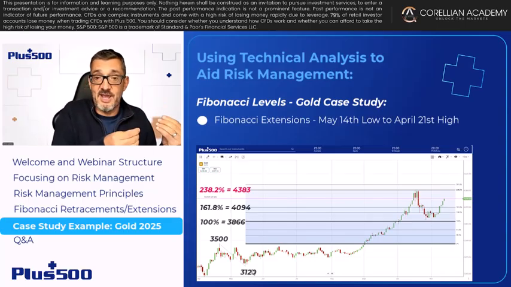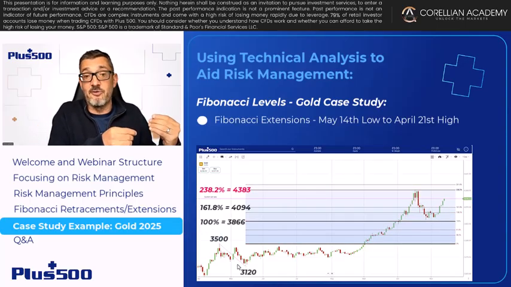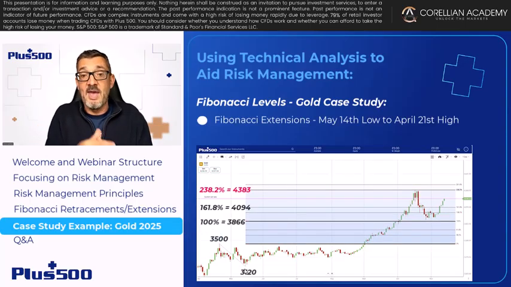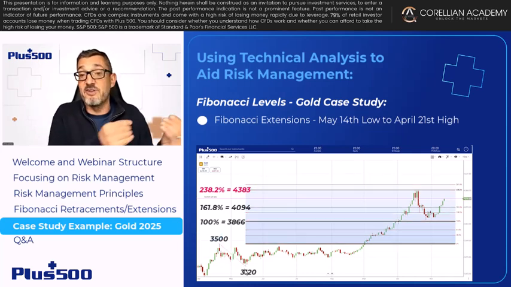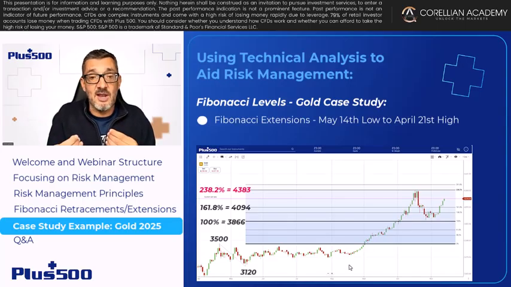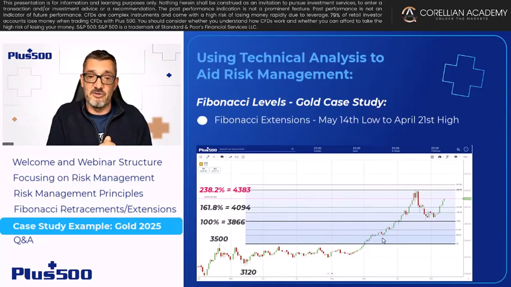If we run the extension calculations off of the initial large sell-off, which was seen from the April 21st high at 3,500 down to the May 14th low at 3,120, we can see initially the extension levels didn't offer many clues in terms of resistance.